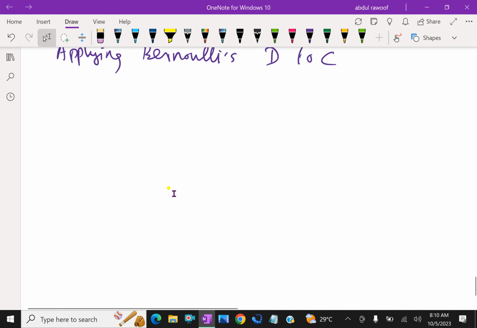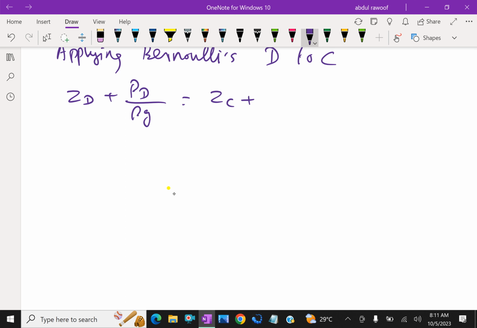D to C is ZD datum D plus PD over rho g equals ZC plus HF3.